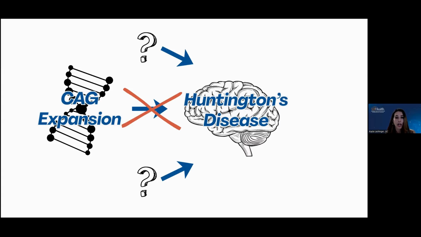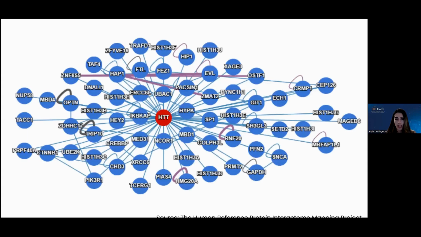So it looks a lot more like a network rather than point A to point B. We know that the CAG expansion is still the majority of Huntington's, about 60 to 70% of the variability, but then that other 30 to 40% is in the modifiers that I'd like to talk more about.